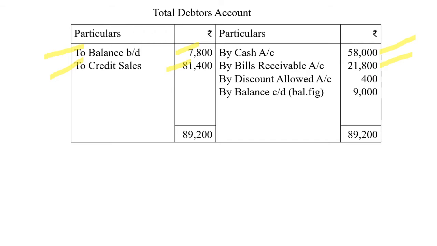Discount allowed to customers 400, so the total comes to 89,200. And the closing balance of debtors is not given in the problem, that's why the balancing figure is by balance carried down, closing balance 9,000 rupees.